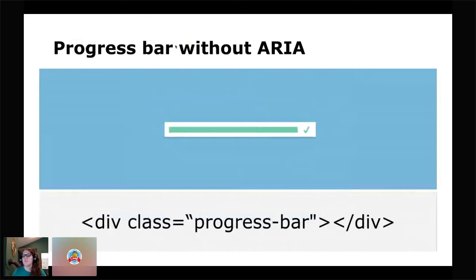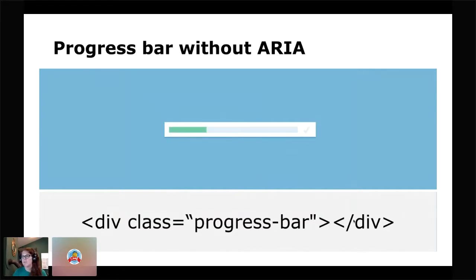How many people have used this to show information? And so before ARIA, you would have this kind of div at the bottom, and that would be all you could do. The rest is CSS, and there was no way to show this information. So ARIA was introduced to fill a gap between the HTML attributes that were provided to you and information that was really helpful to give to screen readers.